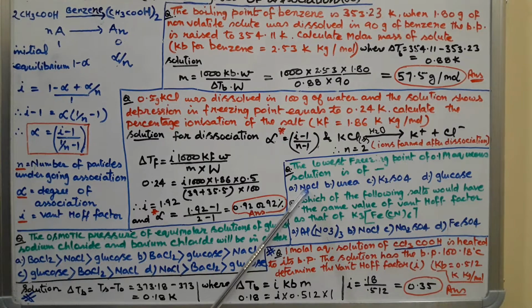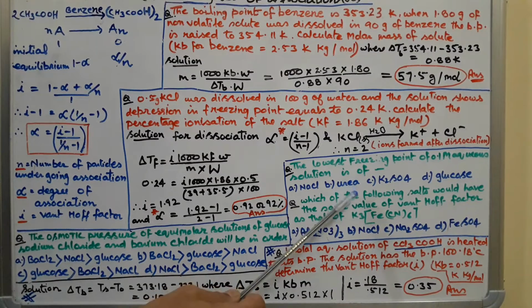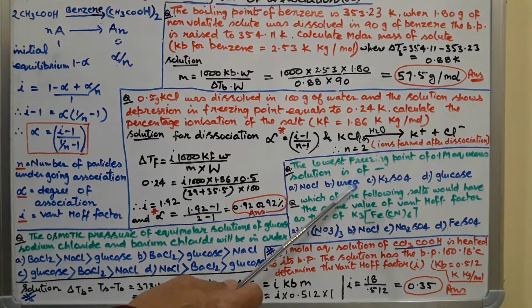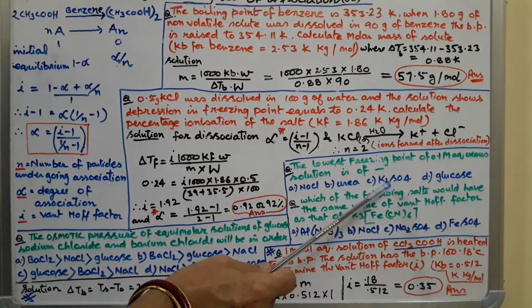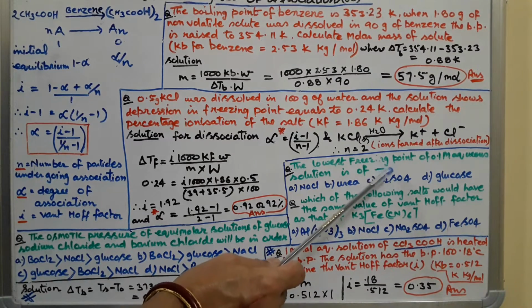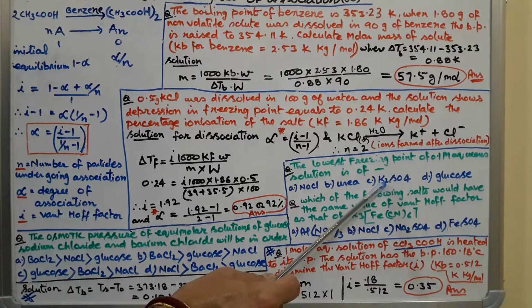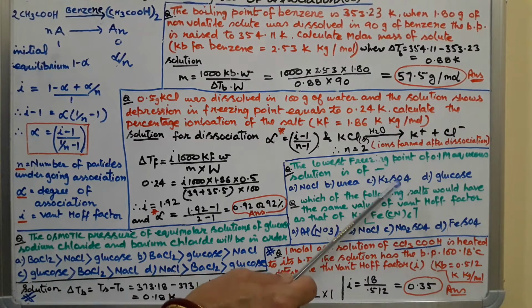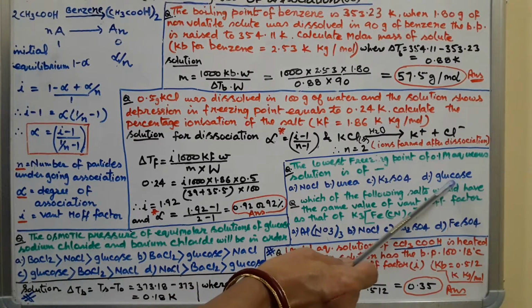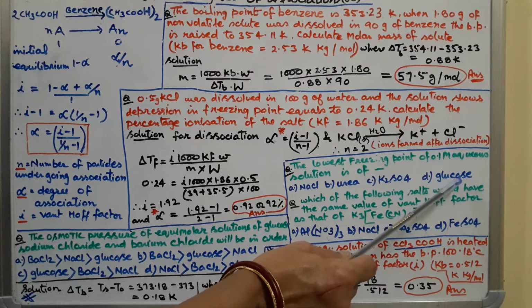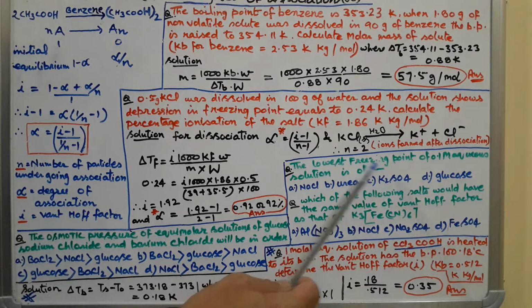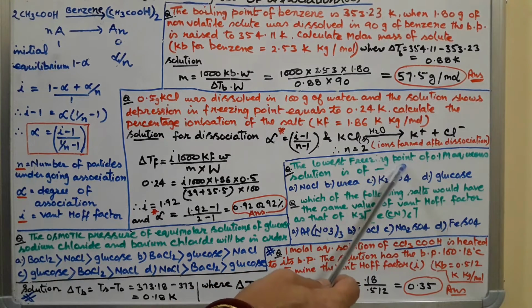Now see, NaCl, how many particles is it going to dissociate into? 2 particles. Urea remains 1. It neither associates nor dissociates, so urea remains 1. K2SO4, K2 plus 2 particles here and SO4 1, so overall they are going to have 3 particles, and glucose remains 1, neither associating nor dissociating. And the lowest freezing point, that is what?